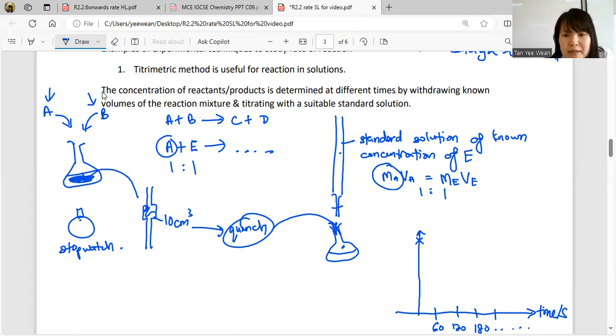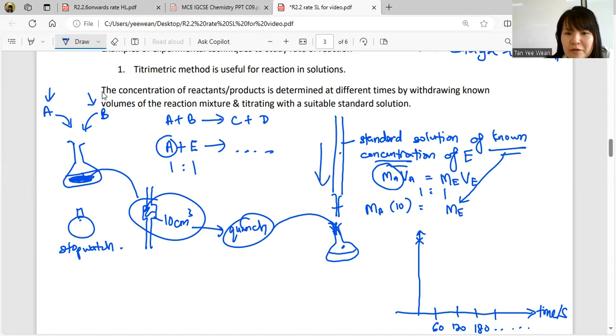Okay, so what I do is, I know the volume of A. Volume of A is this, 10. And M of E, I said known concentration, right? So just put that here. And what is the V of E? That's the titration value, the titer.